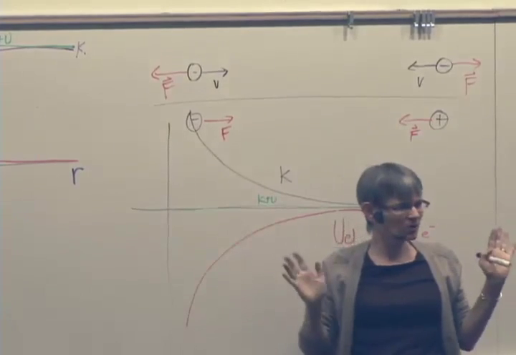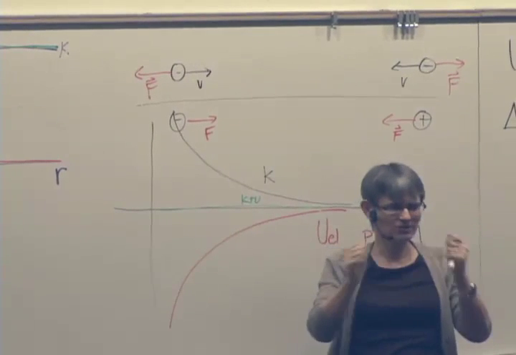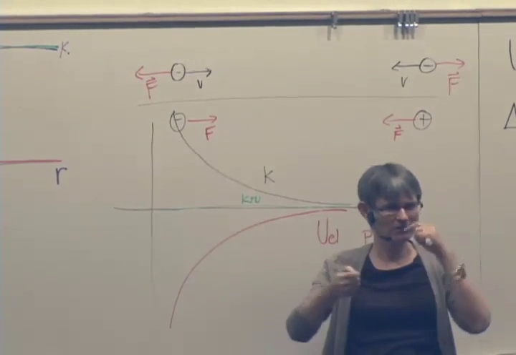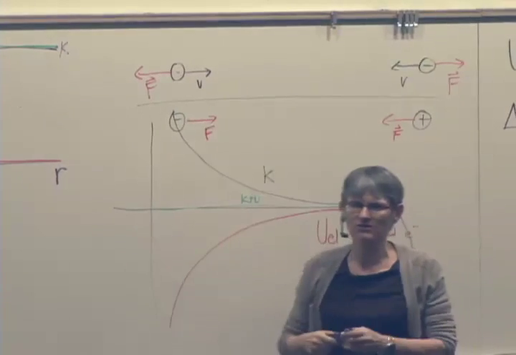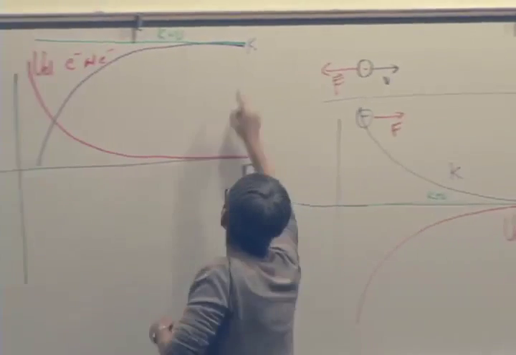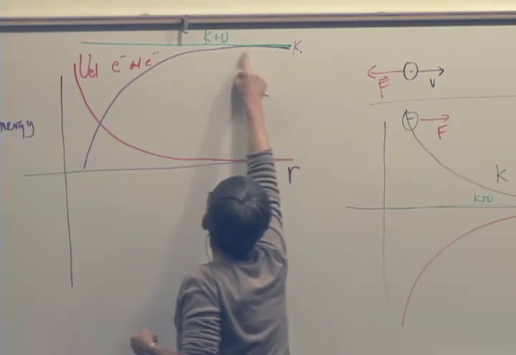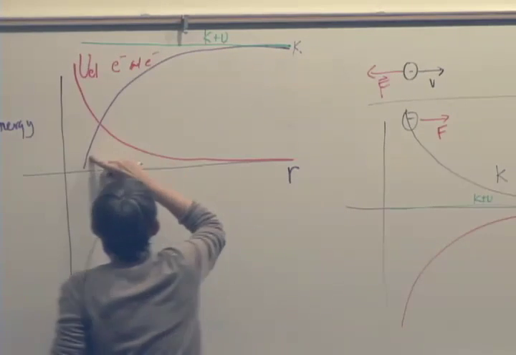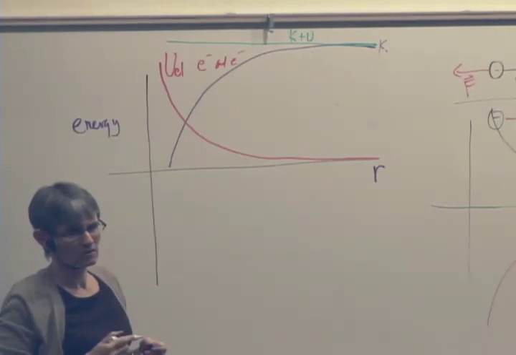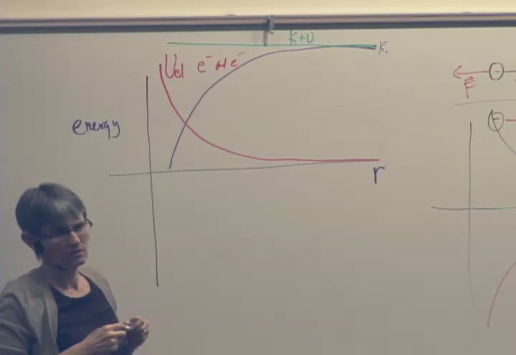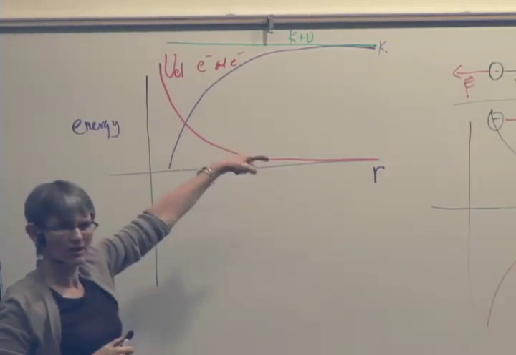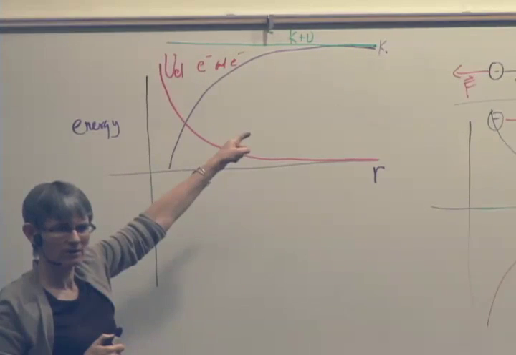So that's an F parallel, right? So it's going to change the magnitude, slow it down, slow it down, slow it down. So let's look at kinetic energy here. It starts out with some large positive value, and it gets lower and lower and lower until it goes to 0. So does that capture what we're talking about here? Yeah.